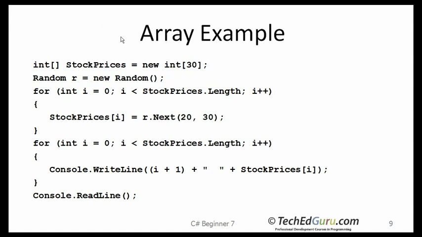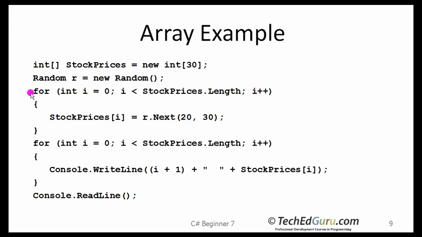Here is another array example, and I want to show you how you can use loops with arrays. So again, I'm using this Random object, which I will use to generate random numbers. I have created an array called stockPrices, which has 30 elements, all of the type integers.